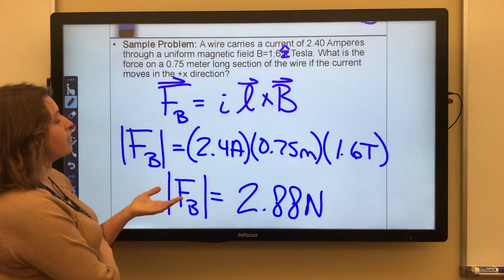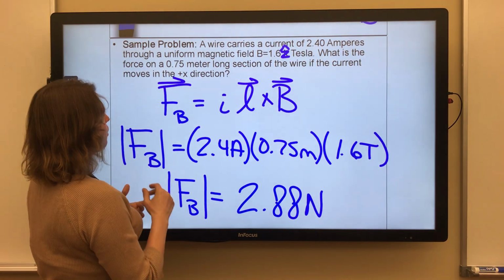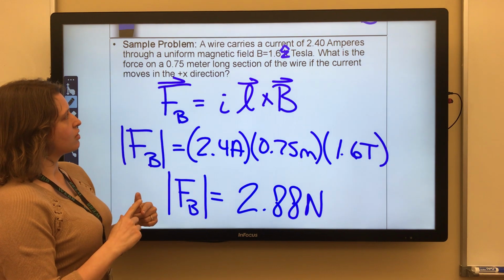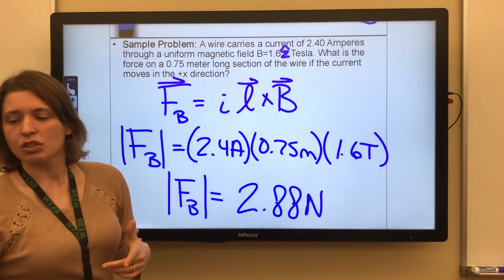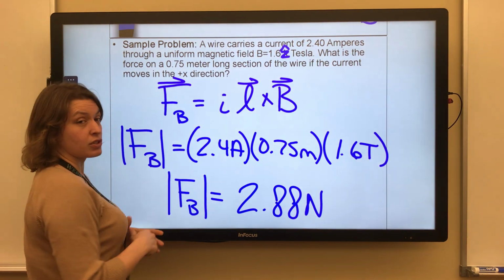Now, if I want to know the direction, I'm going to have to do a cross product. So it says here that the wire moves in the positive x direction and the magnetic field is in the positive z direction. So we're going to want to figure out the direction of the force on the charged particle.